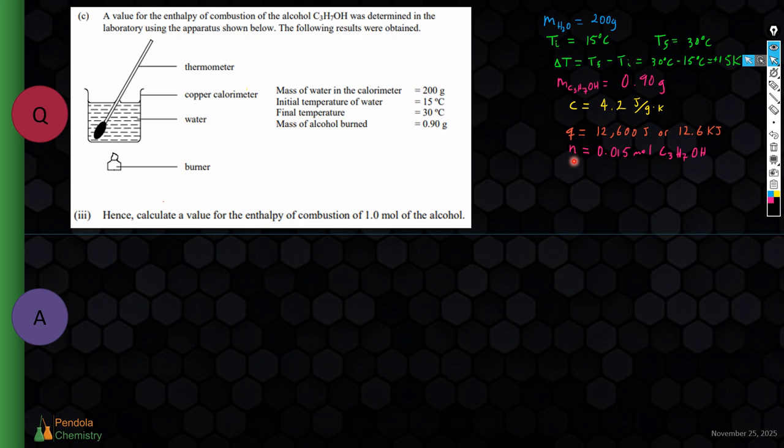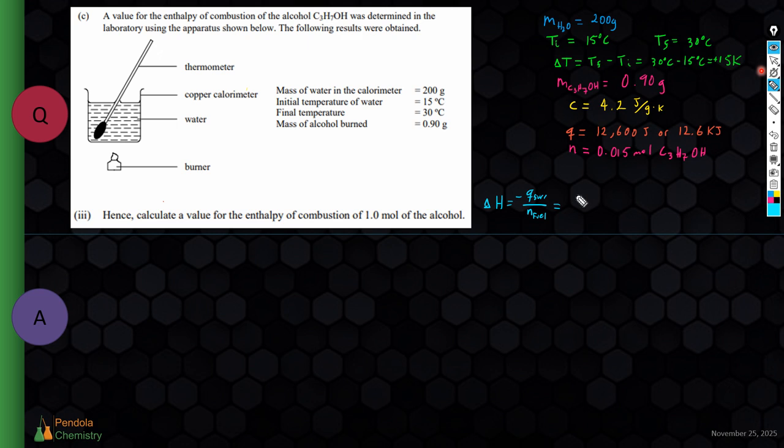So when we do our equation, delta H is equal to negative Q of the surroundings over N. What is this N of? Because we're doing enthalpy change of combustion, this is N of the fuel. Not of the oxygen, not of the water being created, but of the thing that we're burning.